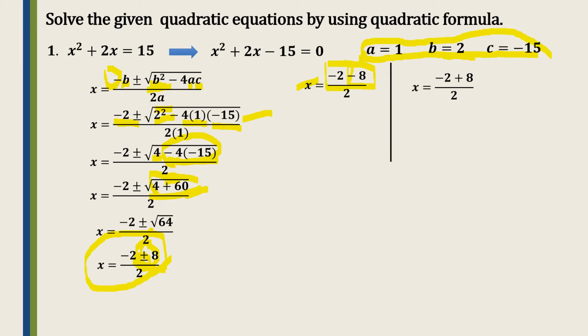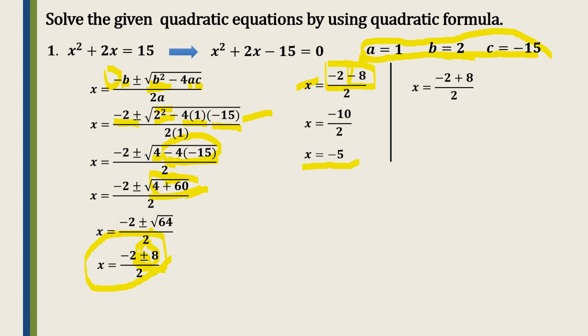We have now negative 2 plus negative 8. It will give us a result of negative 10 all over 2. Or negative 10, divided by 2. Ang sagot ay negative 5.